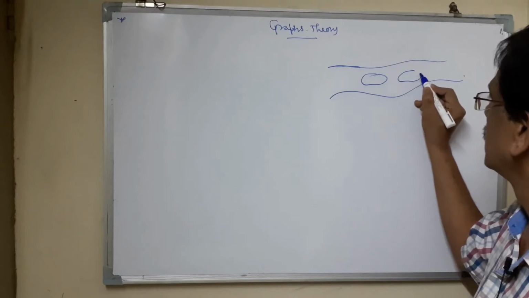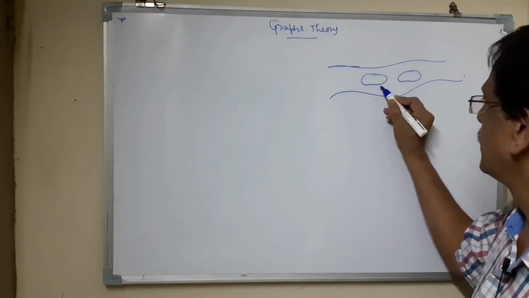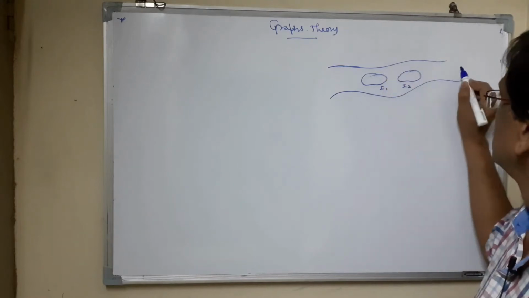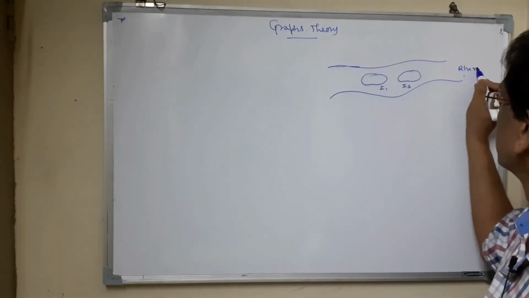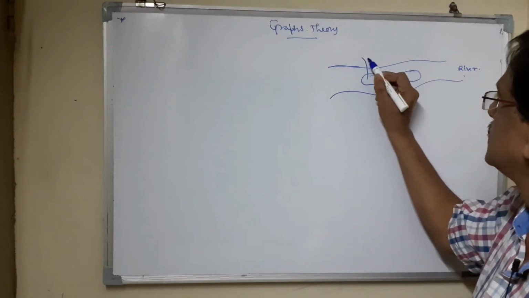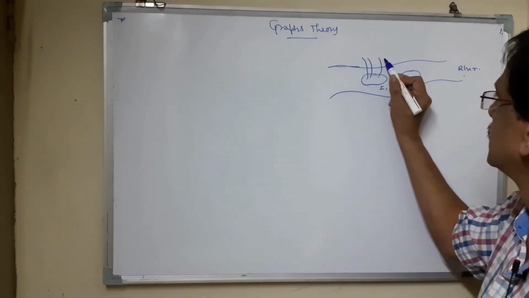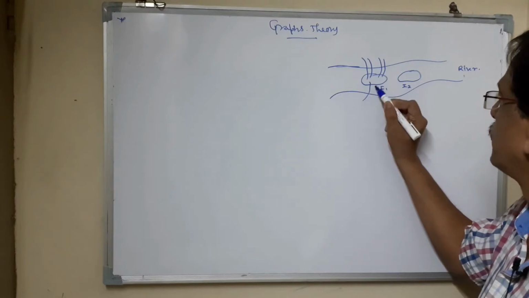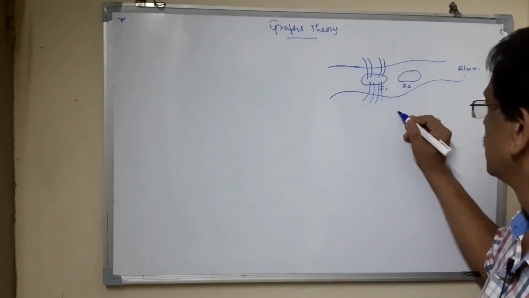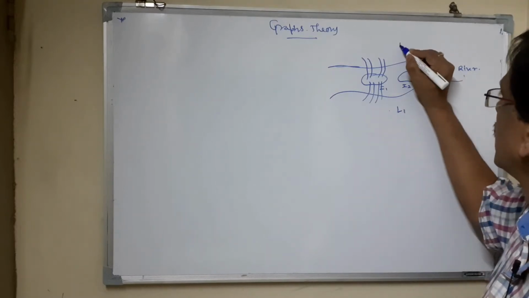There are two islands, namely I1 and I2. This is a river. This is a bridge. So there are four bridges for I1 connecting land 1, land 2.